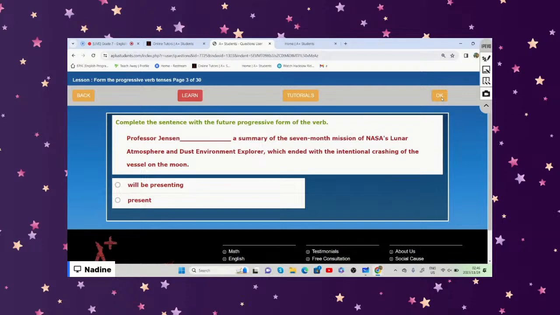And Professor Jensen will be presenting or present a summary of the 7-month mission of NASA's Lunar Atmosphere and Dust Environment Explorer, which ended with the intentional crashing of the vessel on the moon. We need to complete the sentence with the future progressive form of the verb.